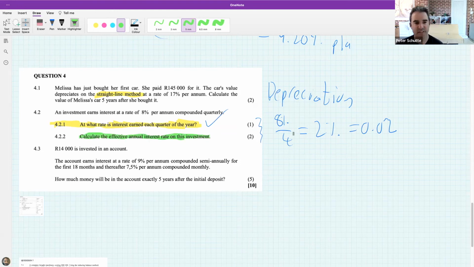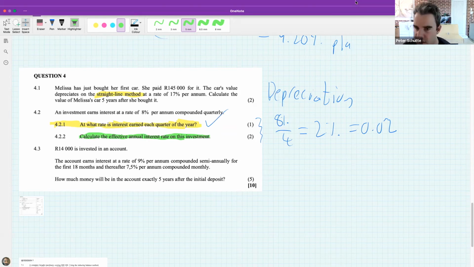Now I want you to calculate the effective annual interest rate on this investment. That will be similar to the questions we were doing above. Let's see if you can do that.